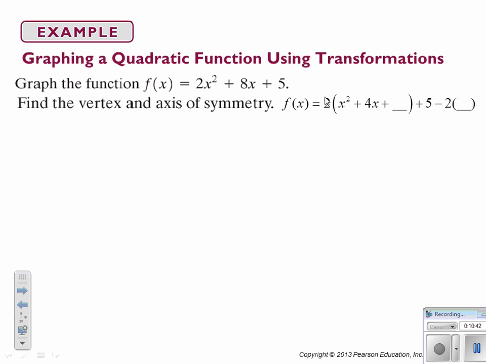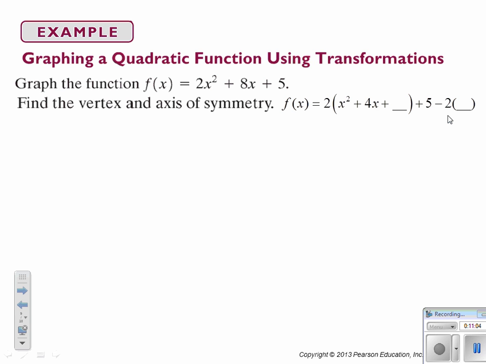Okay, the plus 5 stays here, and whatever value I add inside, I'm going to multiply that by 2 and subtract it, because in order to keep an equation balanced, whatever I add, I have to also subtract.